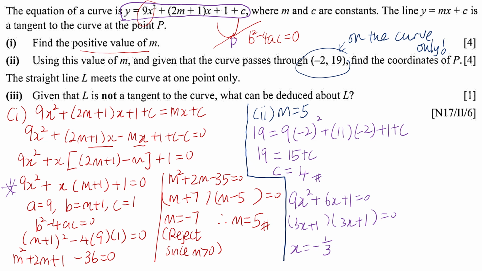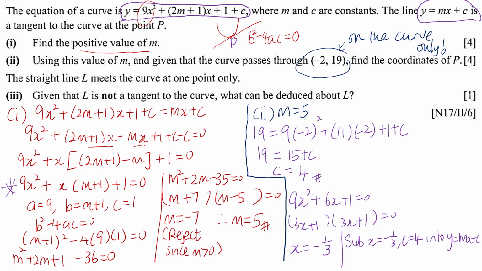Okay, but we're still not done yet. Why? Because I still need to find the y coordinate, right? So this is where my tangent comes in. Because x equals to negative 1/3 is the x coordinate of point P, and point P lies on your tangent line also. So we substitute x equals to negative 1/3, c equals to 4 into y equals to mx plus c.